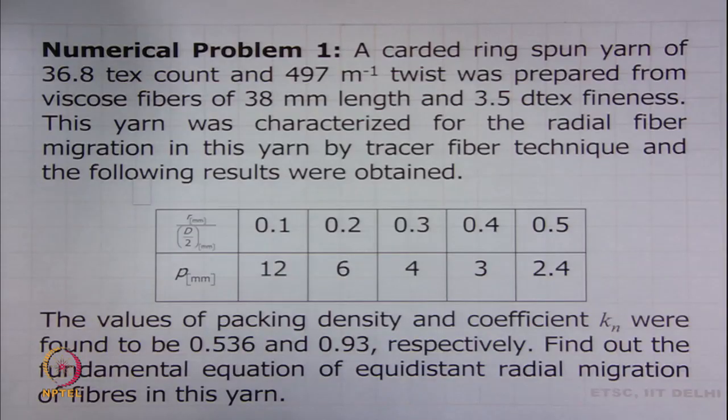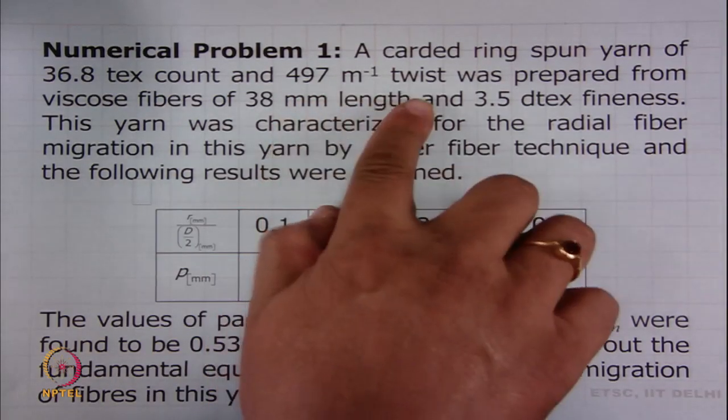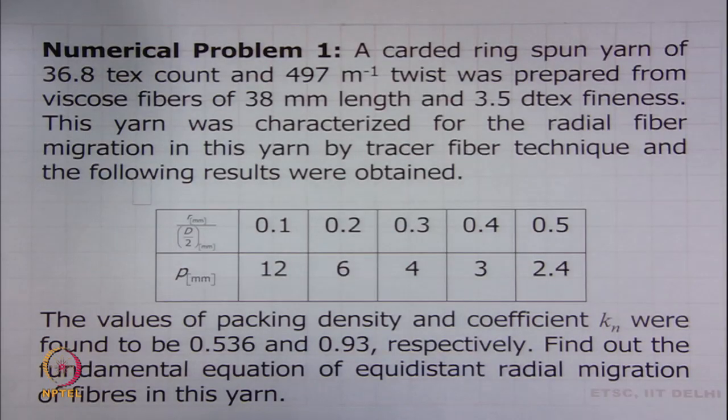A carded ring spun yarn of 36.8 tex count and 497 meter inverse twist was prepared from viscose fibers of 38 millimeter length and 3.5 decitex fineness. This yarn was characterized for the radial fiber migration by tracer fiber technique, and we obtained the following results.